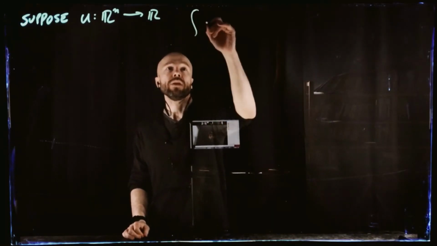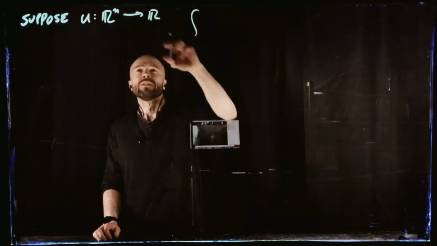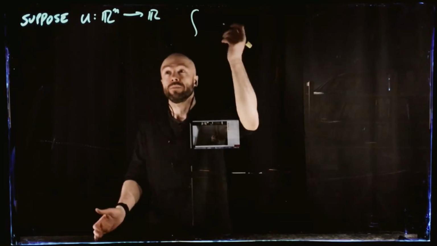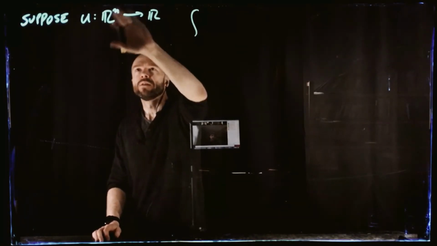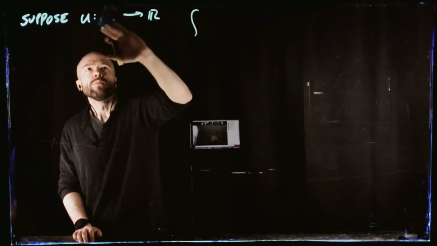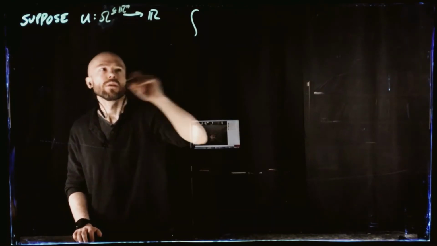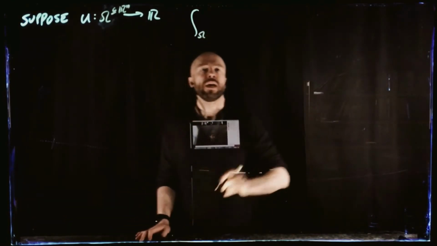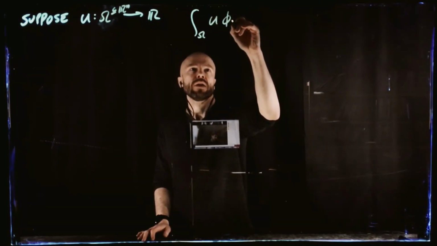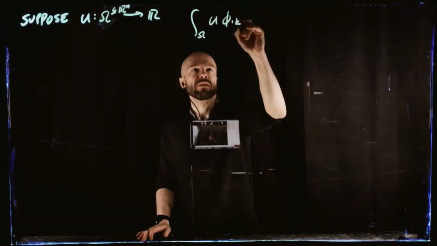So if we did this, do I want to do a domain? Okay, I'm not going to write double integrals because it's Rn, so we're just integrating over Rn. Maybe let's take a domain, Omega contained within Rn. So we're integrating over this, and we have u tested against a test function where we take the partial, let's take the partial kth derivative, like this.